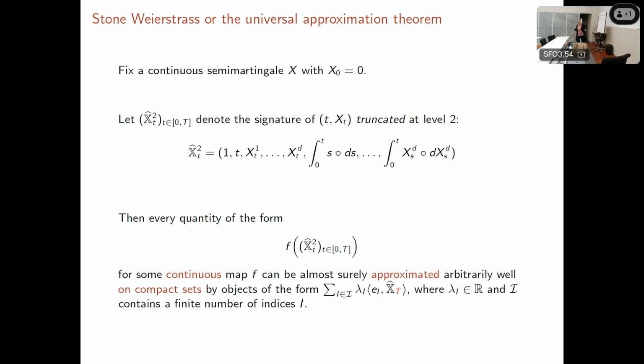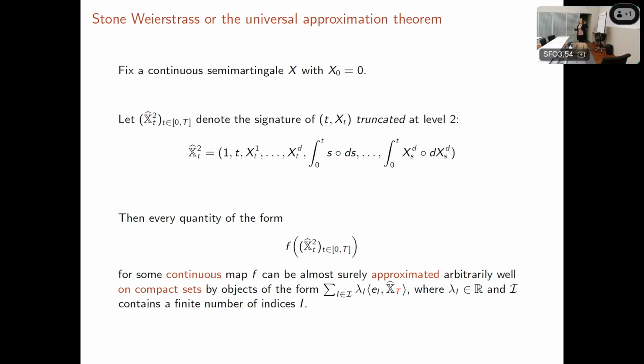And there are many interesting functions like that. For example, a strong solution of an SDE can be written as a continuous map of the driver, the Brownian motion. So if you take a strong solution of an SDE at a given point, it can be approximated by a signature of its Brownian motion. Okay, time extended Brownian motion.